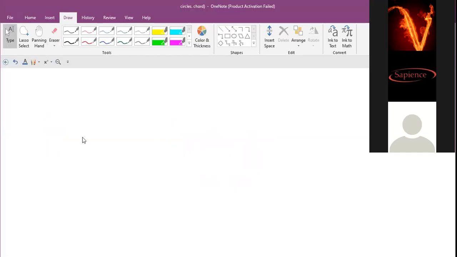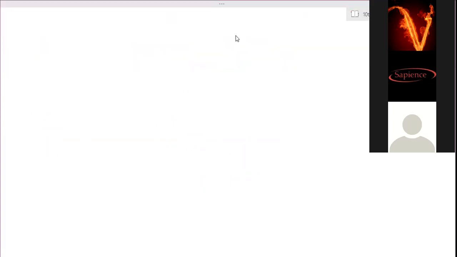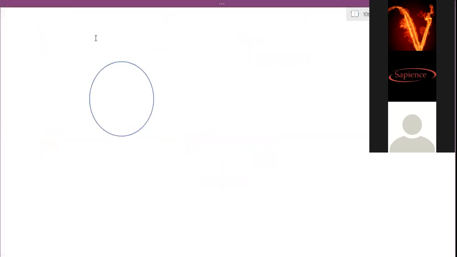13th: in a right triangle ABC in which angle B is 90, a circle is drawn with AB as a diameter. Listen very carefully to this one.